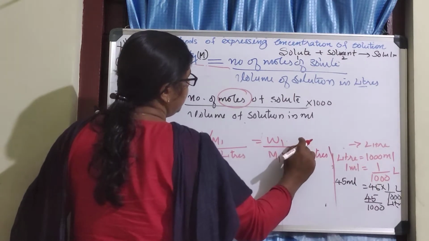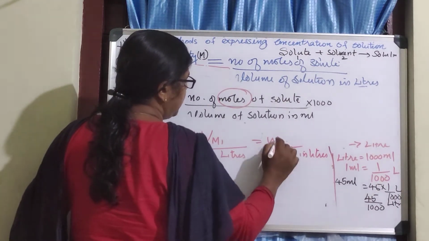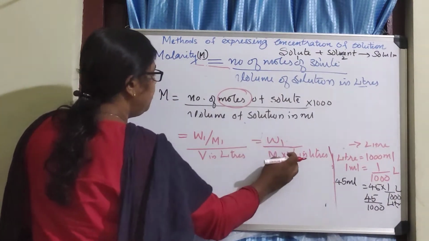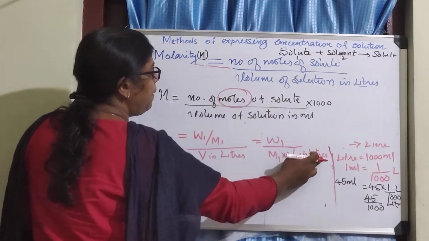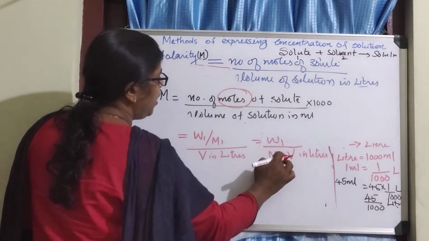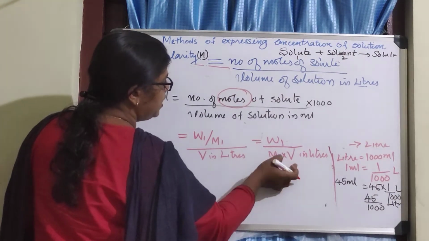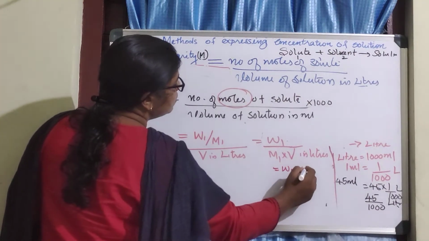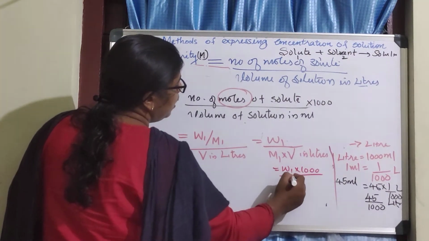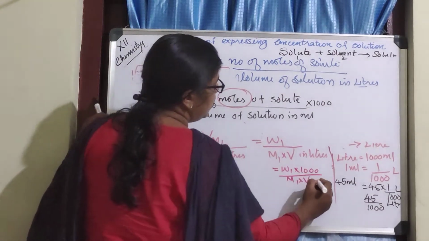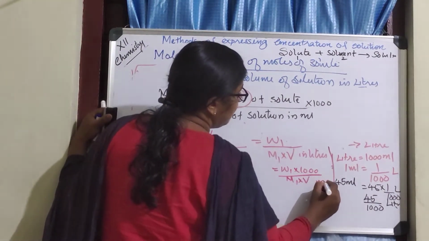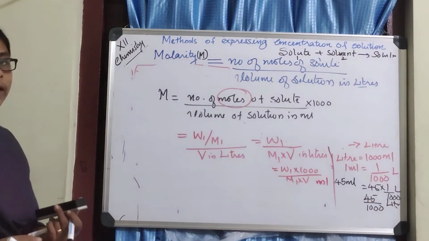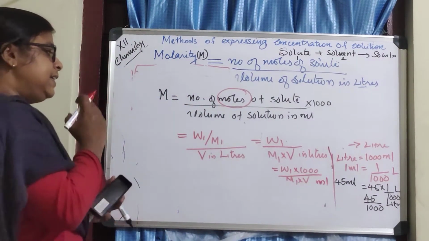W1 by M1, that is mole. So therefore, if the volume is given in ml, then W1 by M1 into V by 1000, that is W1 into 1000 by M1 into V, if V is expressed in ml. If ml is given, we multiply the numerator by 1000. So this is the equation.